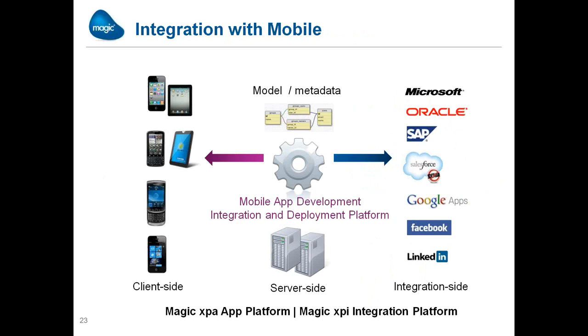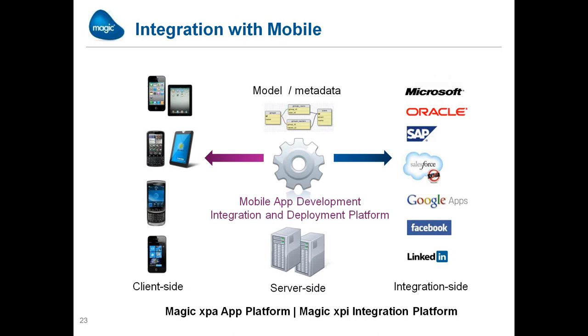The power of the mobile integration is that when you use Magic XPA and it's integrated to your SugarCRM, you can actually build a mobile app that deploys to any environment. So Android, Apple, Windows, BlackBerry. We have options for all of that you can look at, and you don't have to learn separate languages for all of those environments.